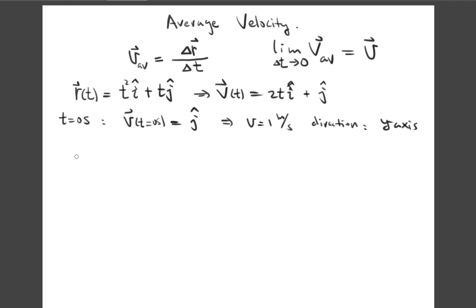Okay, so now let's look at several average velocities for comparison. Let's say we're looking at a time interval equal to 1 second. So the average velocity when we go from 0 seconds to 1 second is going to be delta r over delta t.